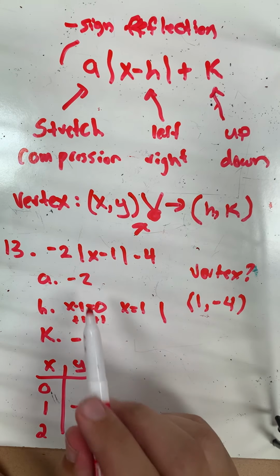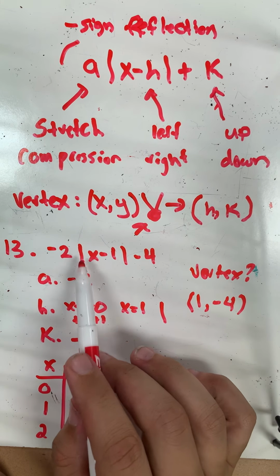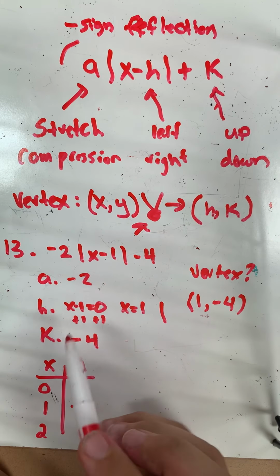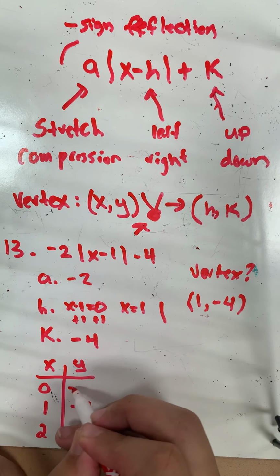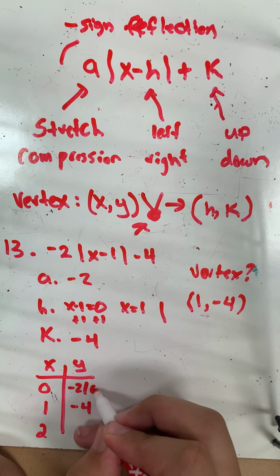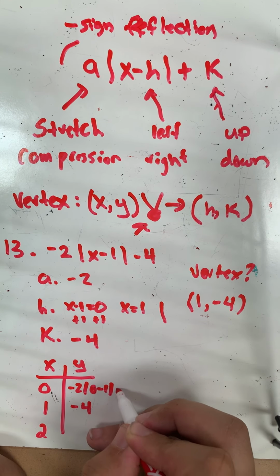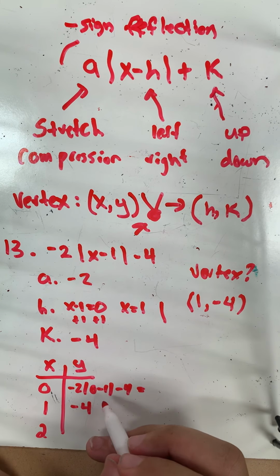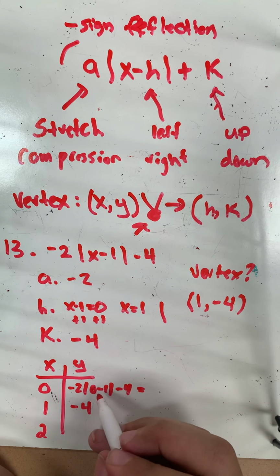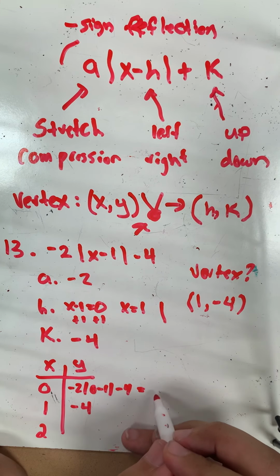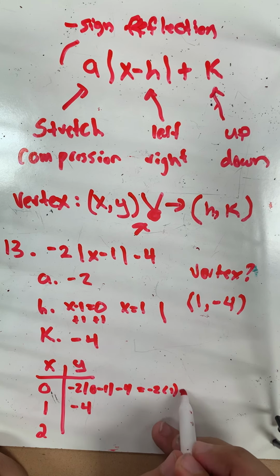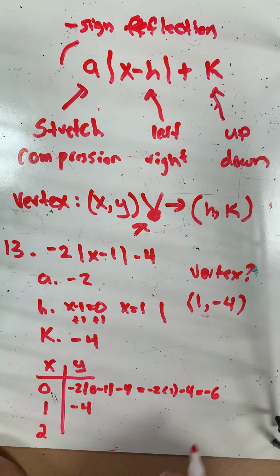If I plug 0 back into my equation of -2 times the absolute value of x minus 1 minus 4, I get -2 times the absolute value of 0 minus 1 minus 4. 0 minus 1 is -1, and the absolute value of that is 1. So I get -2 times 1 minus 4. Well, that's going to be -2 minus 4, which is equal to -6.